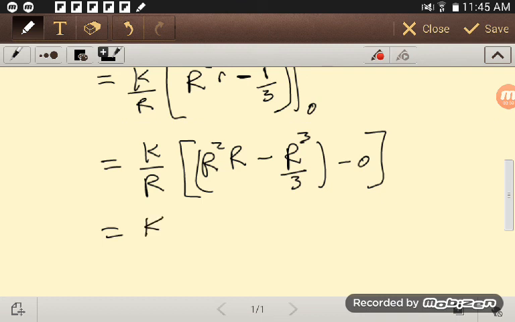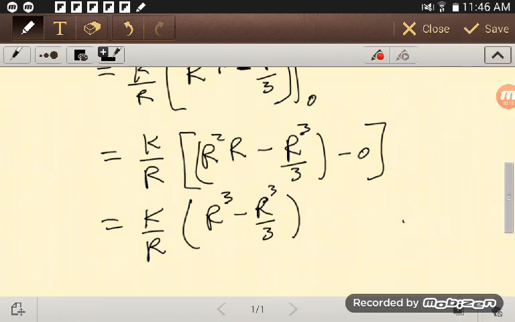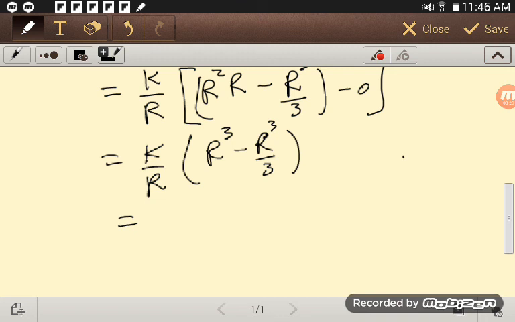So this is k over uppercase R times R cubed minus R cubed over 3. Well, that's then 2R cubed over 3. So this is k times 1 over R times 2R cubed over 3.